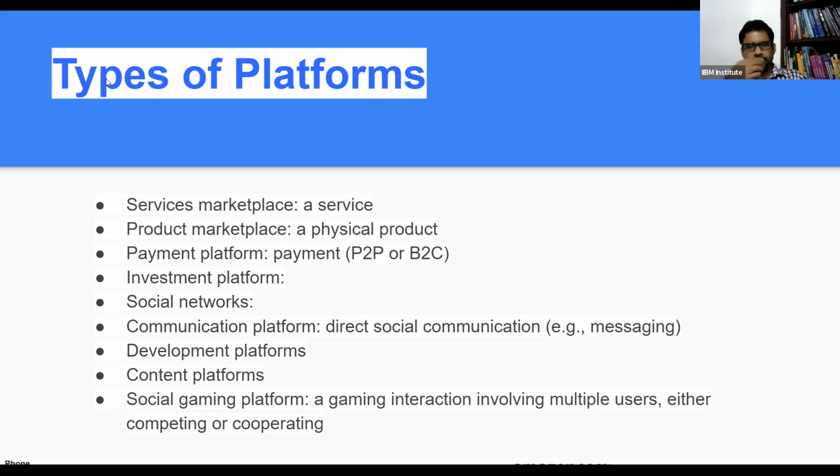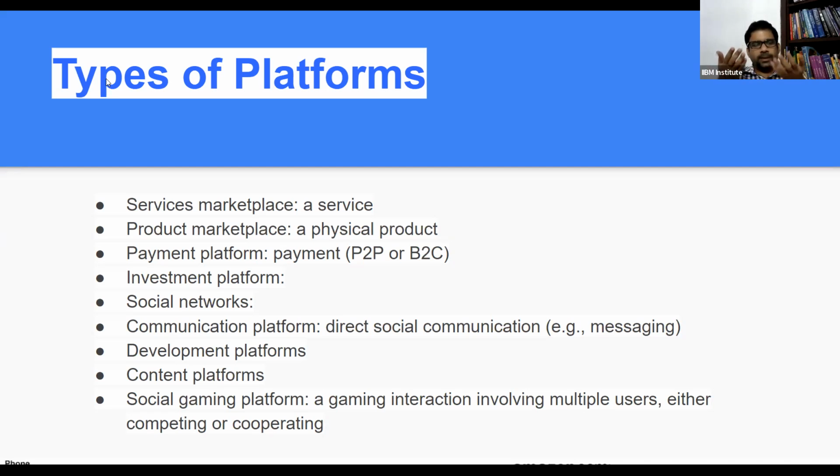Other types are communication platforms, like direct social communication platforms such as Telegram or WhatsApp. Development platforms like GitHub, that's a software development platform. Content platforms like YouTube. YouTube does produce some content, but we are not giving much consideration to that, because 99.9999% of the content on YouTube is third-party content.